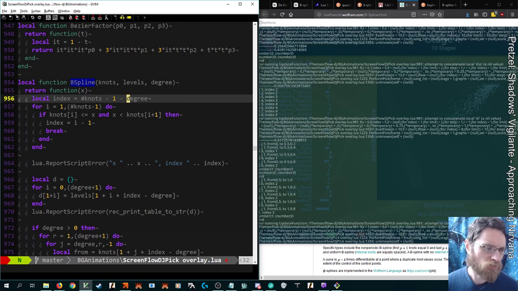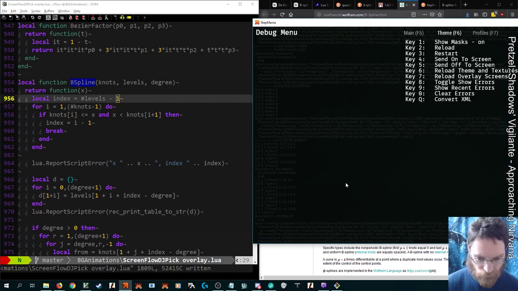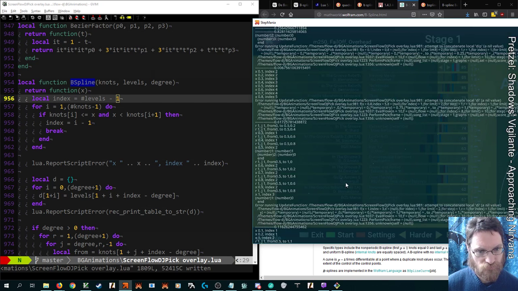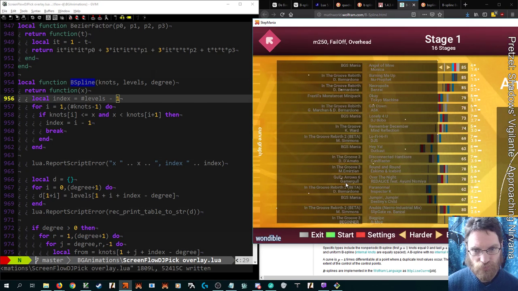Maybe it should actually be just levels minus 1? Because that's ultimately what the problem is, we're trying to index into levels. Although it's supposed to be the not index.